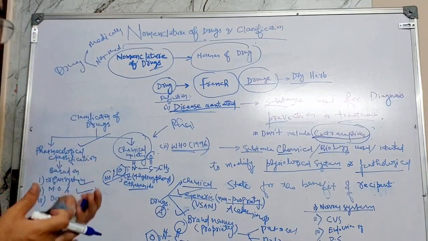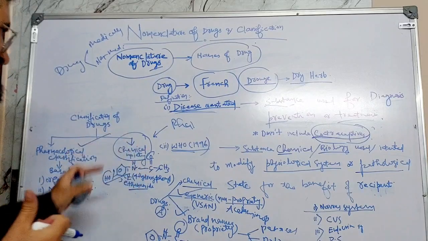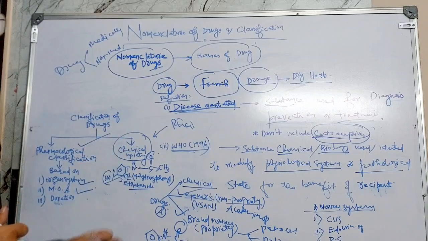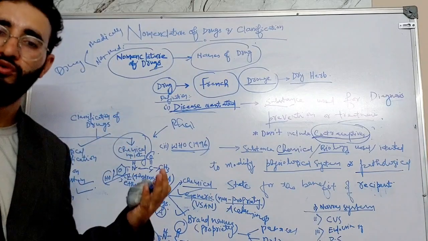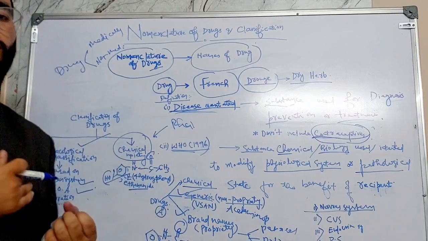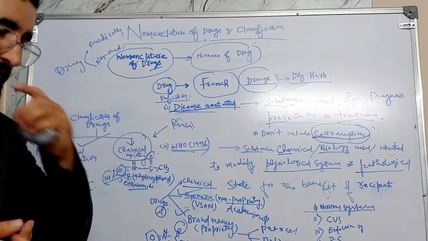But in order to understand drugs in a better way, you should know both, the pharmacological classification as well as the chemical classification. From the chemical classification point of view, you can also predict properties, like physical and chemical properties.